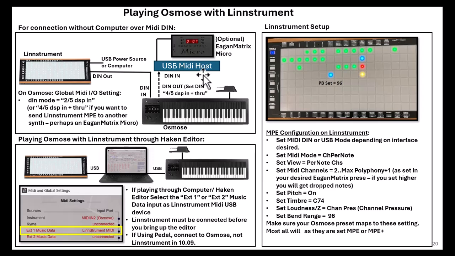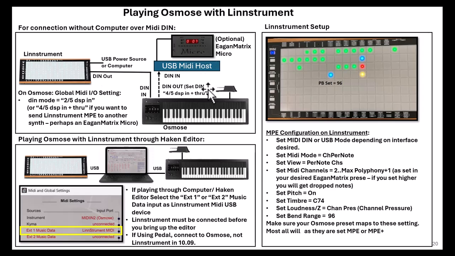Here I send it to a USB MIDI host that connects up to my Eagan Matrix Micro, and I set the DIN now for 4.5, which is DSP in, but also send the output to the output port. So now I can play my instrument and it will play both the Osmose sound engine and the Micro at the same time.